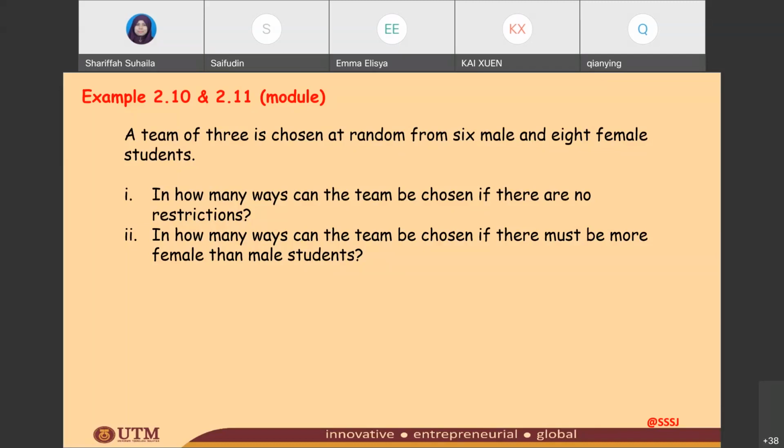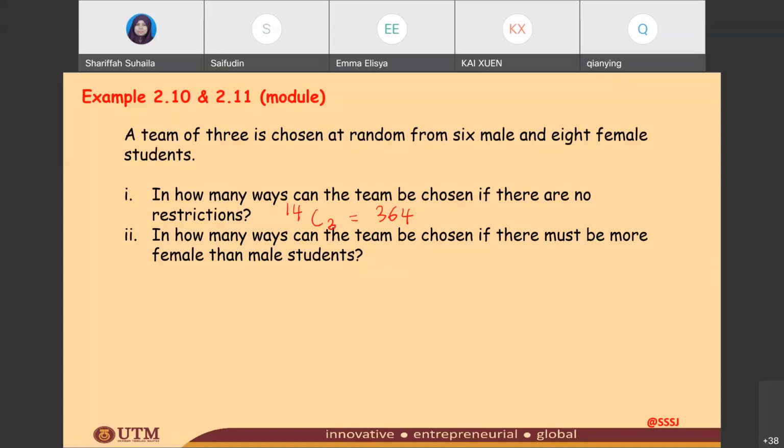So if you have 6 male and 8 female, altogether your n is 14. So from 14, you want to choose 3. So you get 14C3, which is 364.